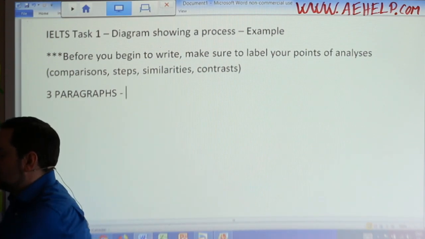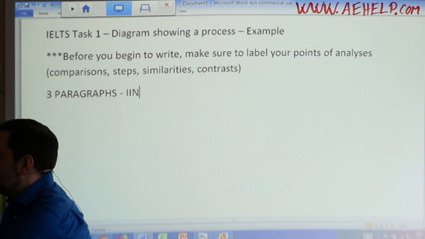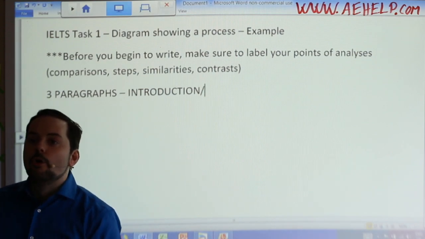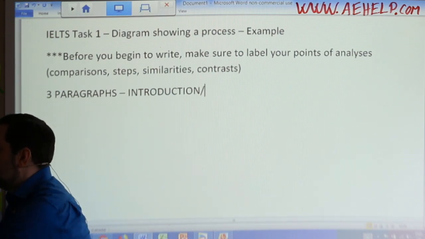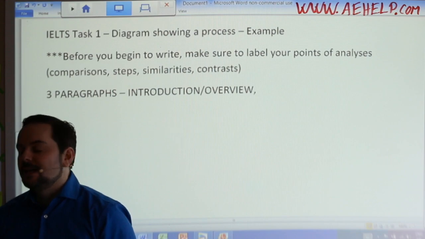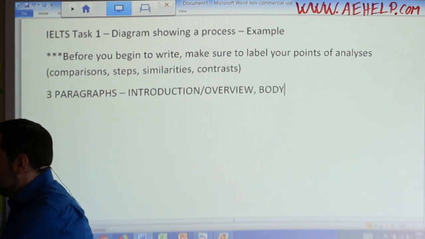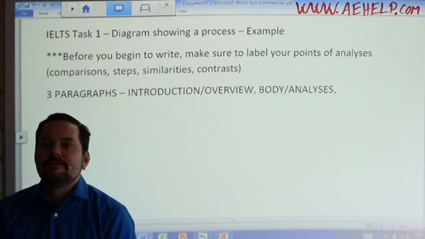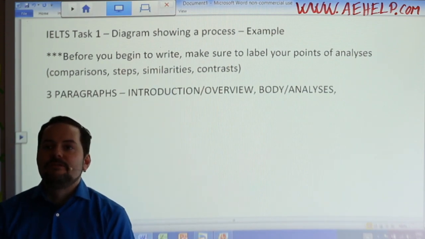Okay, the first one is the introduction. And a lot of teachers also call the introduction for task 1 the overview. That's right, Monica. So the introduction or the overview is the same idea, okay? That's your first paragraph. And then your second paragraph is your body, which a lot of teachers also call your analyses. Okay, and then what is the last paragraph? What should be the final paragraph of your task 1?